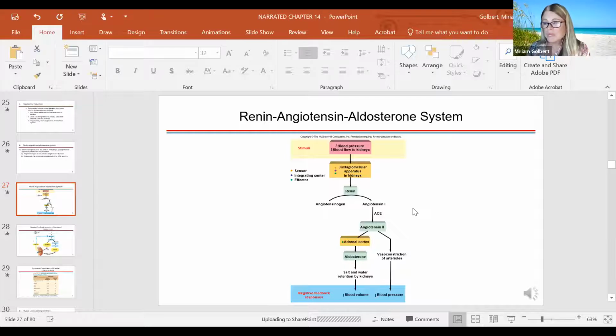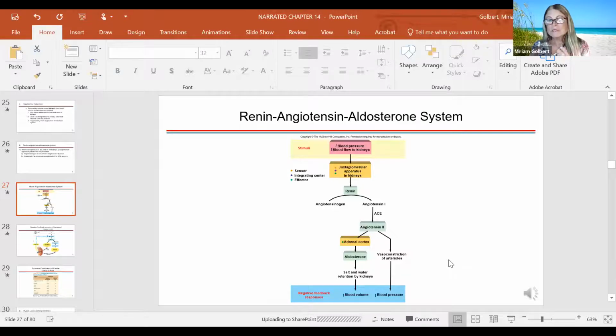So because we're reabsorbing sodium chloride because of aldosterone, water is going to be reabsorbed as well, and that's going to cause the blood volume to increase, increasing the blood pressure as well. In the meantime, when we have angiotensin 2, it causes vasoconstriction of the arterioles. Vasoconstriction means reducing the diameter of the arterioles, which overall also increases blood pressure.